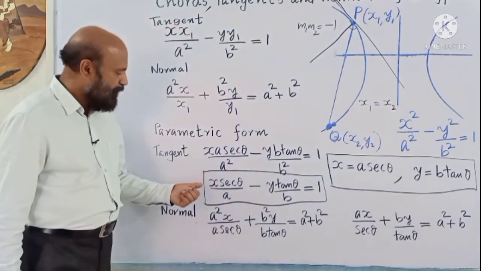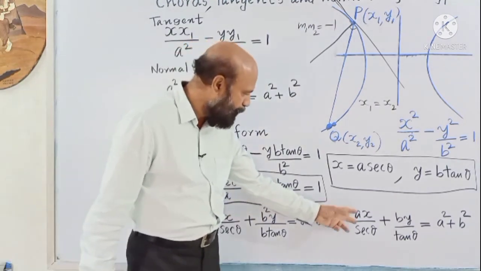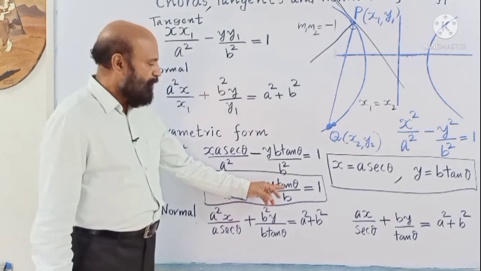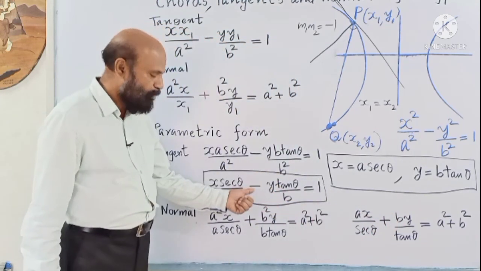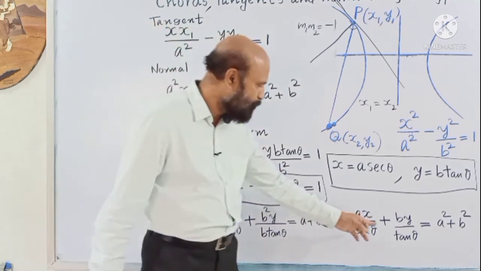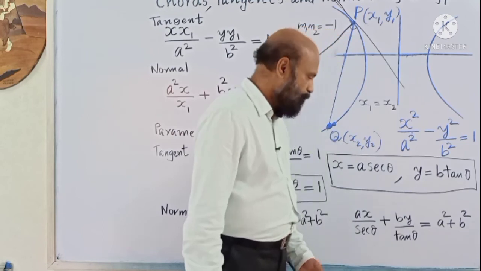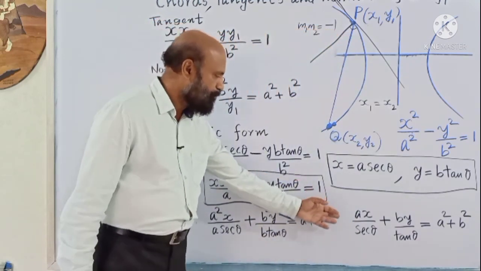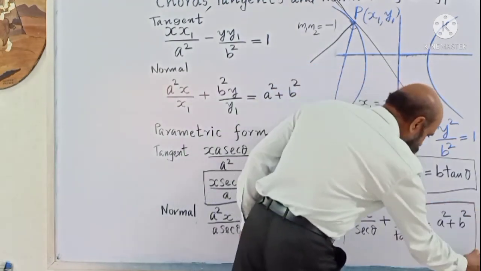So in the equation of the tangent you can see here secant theta by a, but here it is a by secant theta. Here tan theta by b, but here it is b by tan theta. So you have to take the reciprocal, and then instead of this minus, you have to write a plus, then the constant instead of 1 is a square plus b square. So if you remember this, you can get the equation of the normal from this.